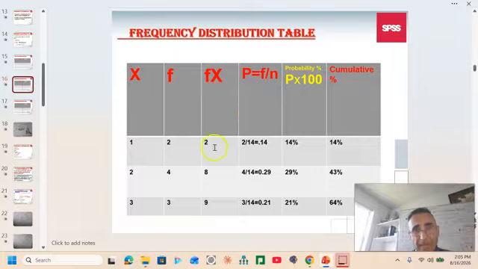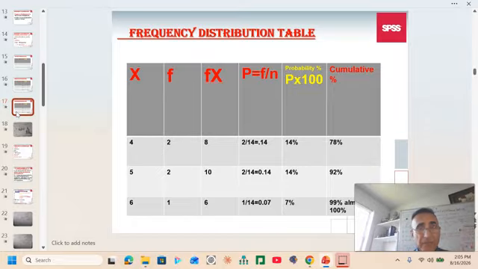Fx, you add them up, 2 and 8 and 9, and then the rest of them, 8 and 9 and 10 and 6. Add them up, divide by 14, that gives you the mean. It'll be the same number as if you add up all of them and divide by the total number.